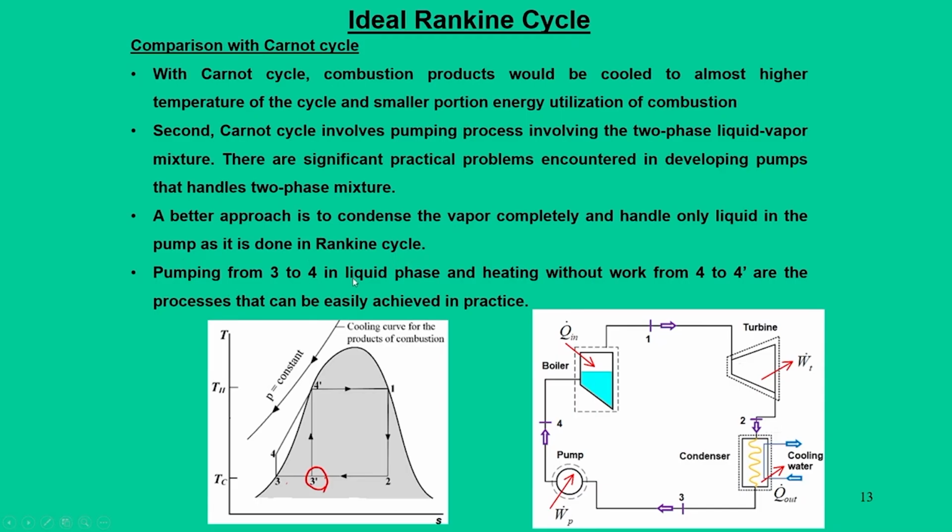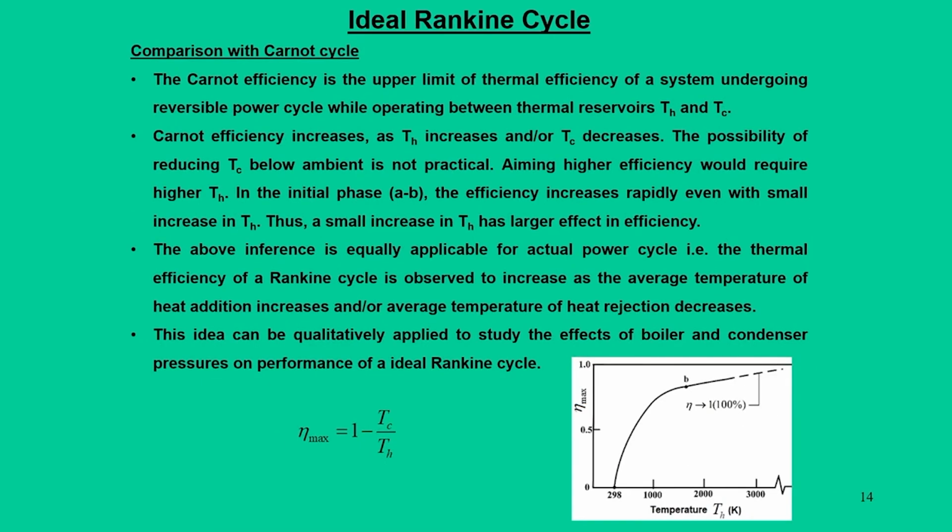Pumping from 3 to 4 in the liquid phase and heating without work from 4 to 4 dash are processes that can be easily achieved in practice. So, 4 to 4 dash can be achieved through an external heating process, through waste heat or by other mechanisms, which effectively do not come into the performance calculations. So, this is the benefit we get over the Carnot cycle.